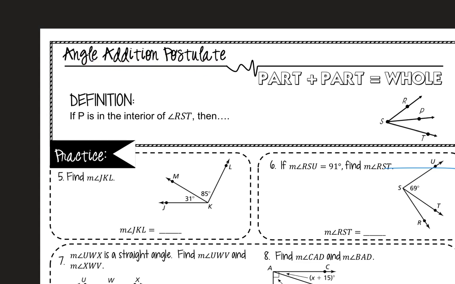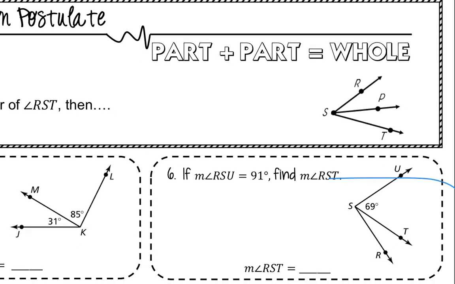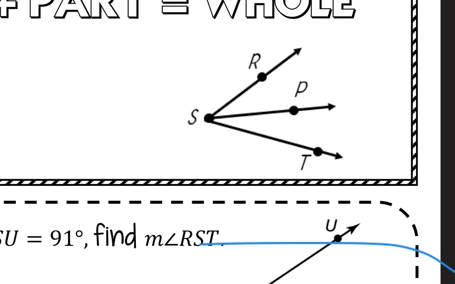So if we see this angle right over here, we can think part plus part equals whole. If we see this whole angle, and I imagine this is the first part, part number 1, and this is the second part, part number 2, what if I colored those in?